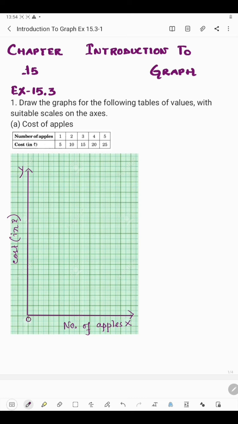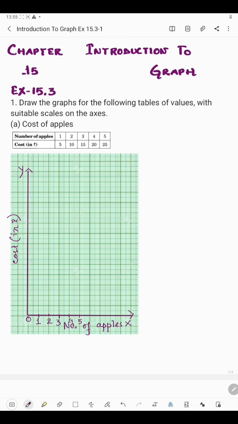Now we will have to take the scale. Since we have to measure number of apples on the x-axis and number of apples is given 1 to 5, here one box, the length of one unit, we are considering as 1. So it will be 2, 3, 4 and then 5. Now these values are the table of 5. These are the multiples of 5.